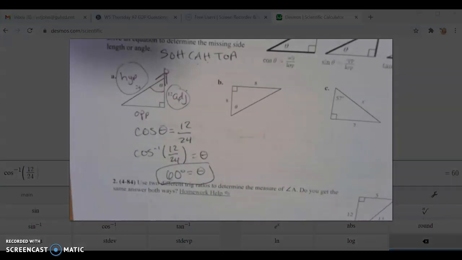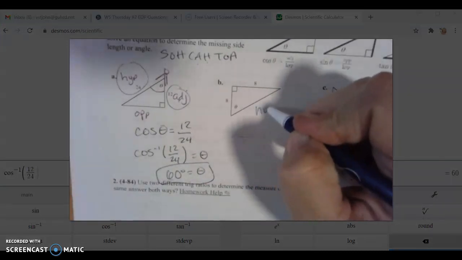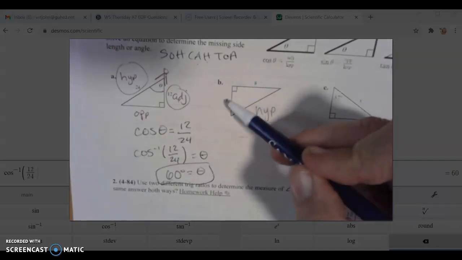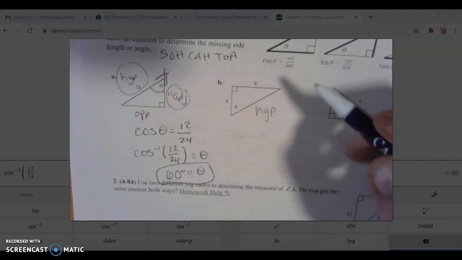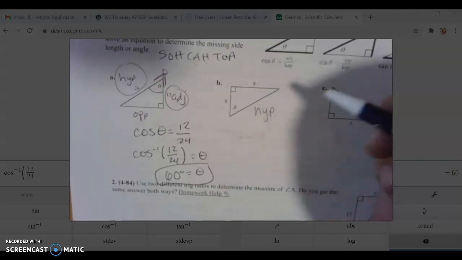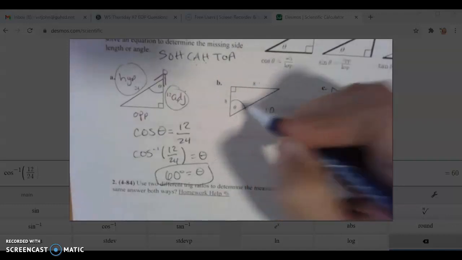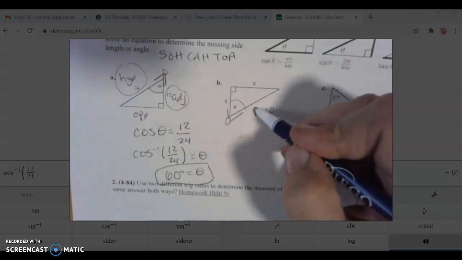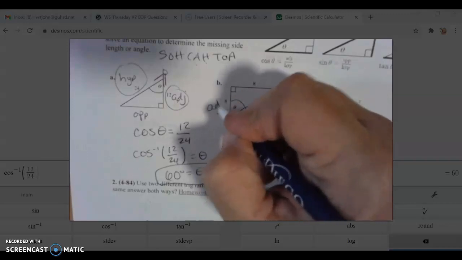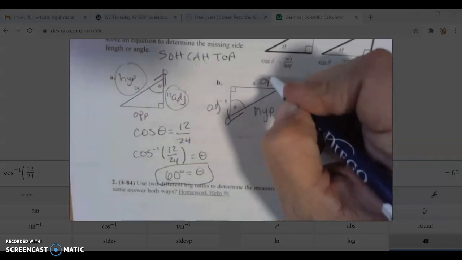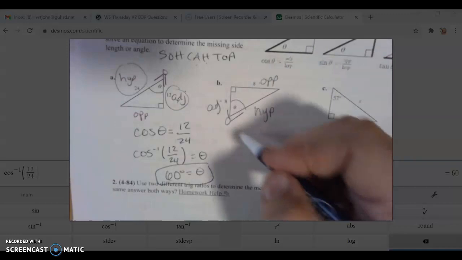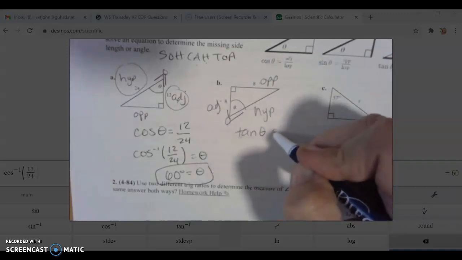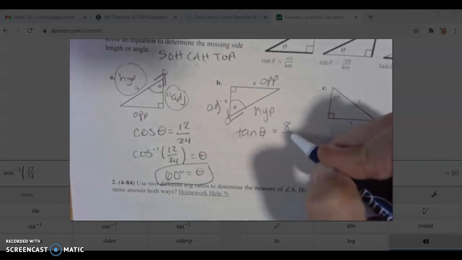All right, here's my hypotenuse. This one I should pay very close attention to, because what did we talk about when you have legs the same size? If you don't remember, let's set this up. Here's my reference angle, so I'm standing here, my arms are going this way: hypotenuse, adjacent, and this makes my opposite side. So tangent of theta equals 8 over 8.